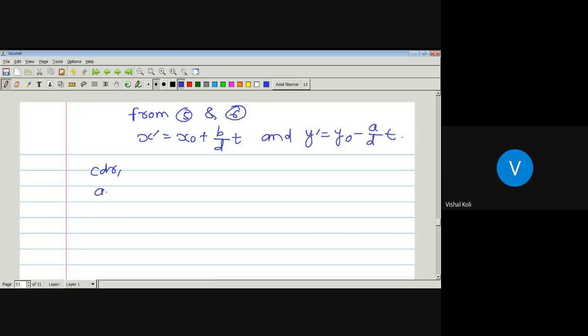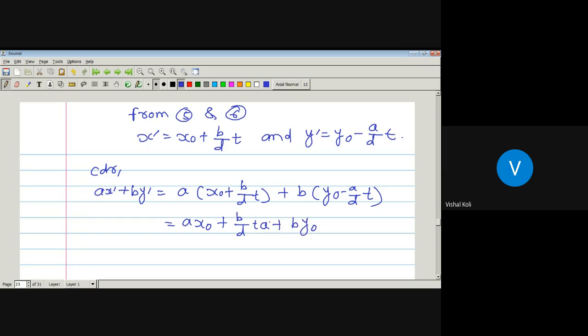So consider ax dash plus by dash. What should be the x dash? x naught plus b upon d into t, plus b into y dash, where y dash is y naught minus a upon d into t, which is equal to a into x naught plus b upon d into t, plus by naught minus a into b divided by d into t.